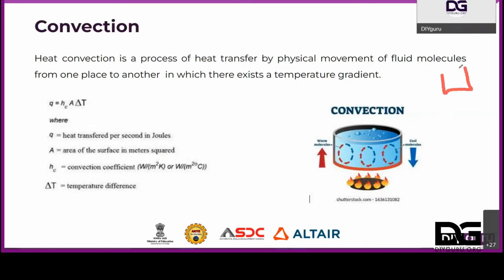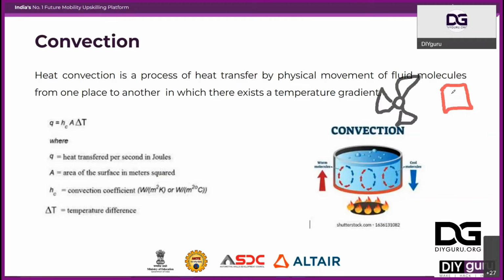Now just think this is my processor, and I'll use this black one as my fan. This is red, which shows that it gets heated up. My processor is right now working at a temperature of 60, 70 degrees Celsius.